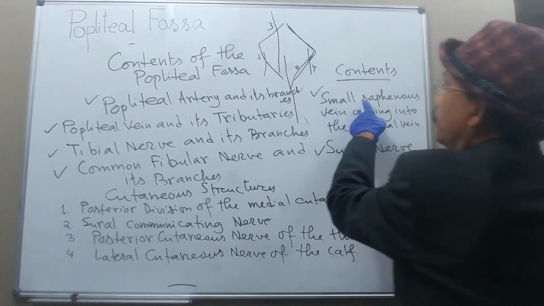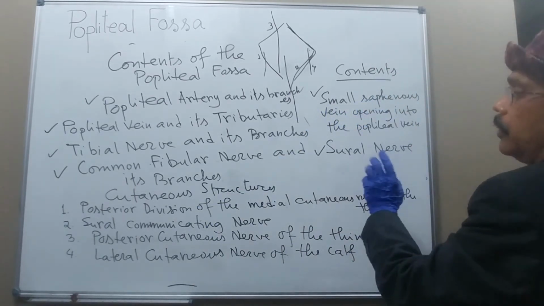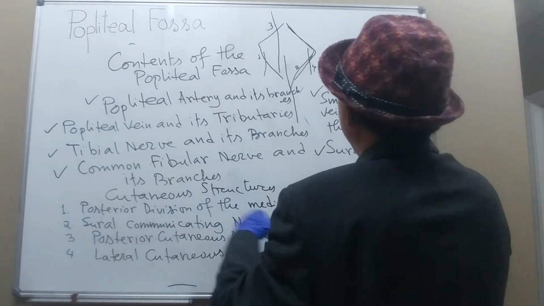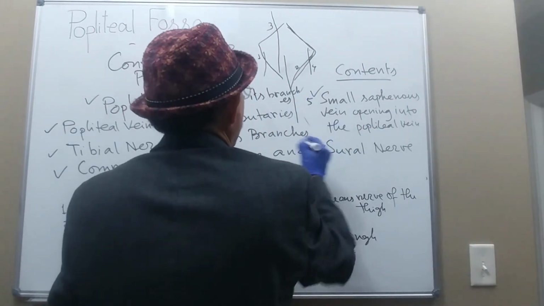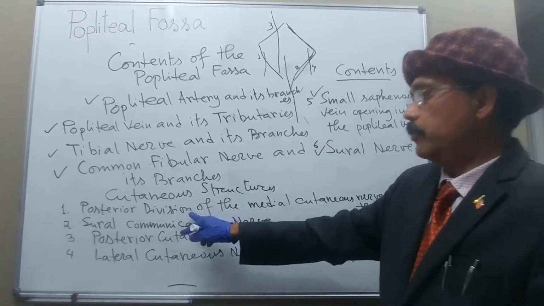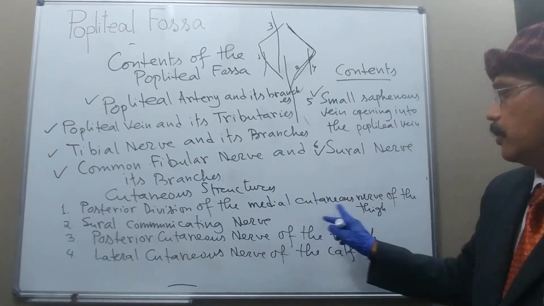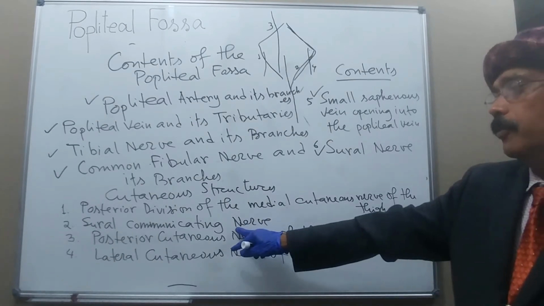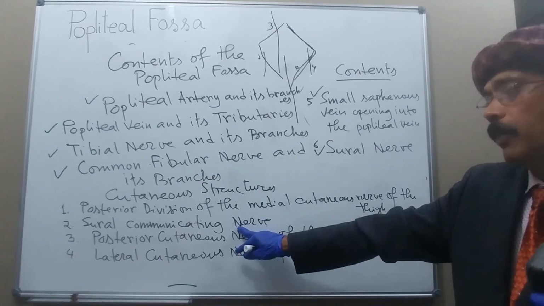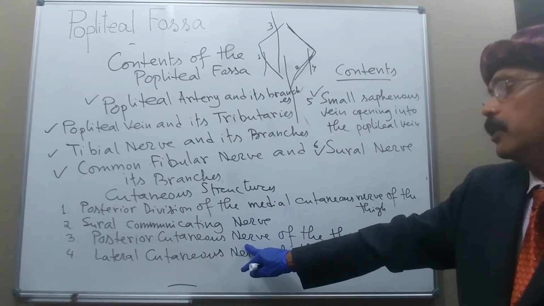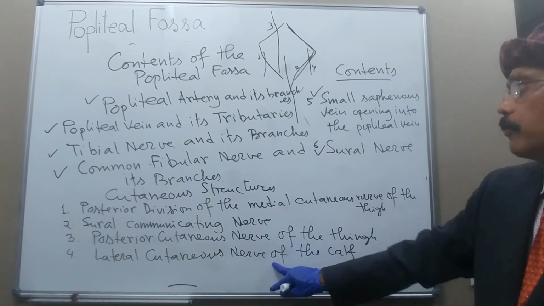Small saphenous vein is also cutaneous. The posterior division we can add as 5, 6: posterior division of the medial cutaneous nerve of the thigh. Sural communicating nerve is a branch of the common fibular or common peroneal nerve. Posterior cutaneous nerve of the thigh, lateral cutaneous nerve of the calf.